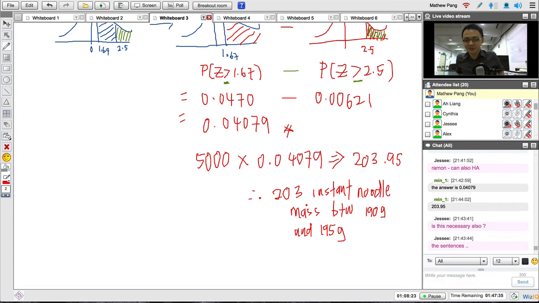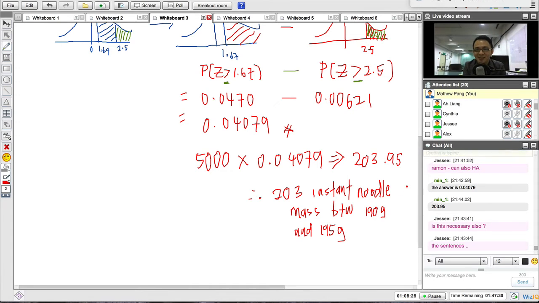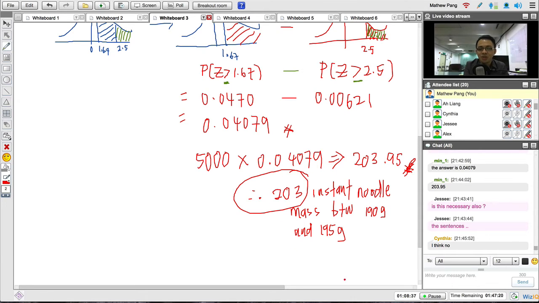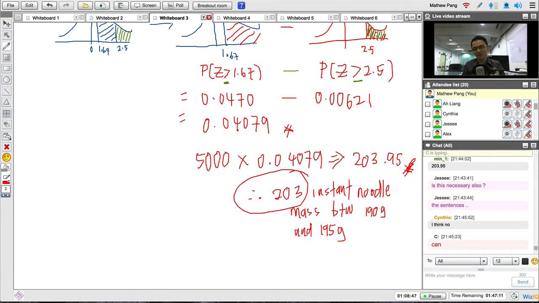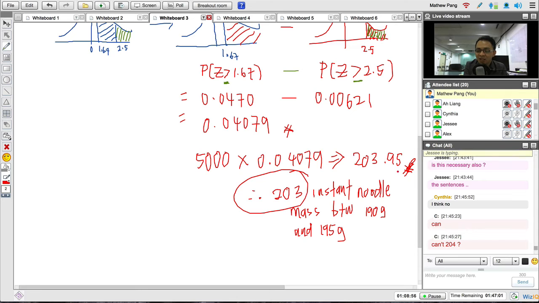Is the sentence also necessary? I don't think so, because this is maths, not an English exam or whatsoever. But the answer here is necessary. 203 is necessary. Because for instant noodles it's impossible to have 0.95. You either have 1 instant noodle or 2 instant noodles. We can't have 0.5 instant noodle. It cannot be 204, because the final answer here has not yet reached 204.